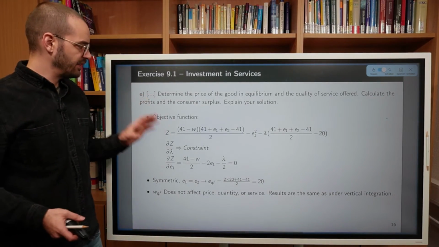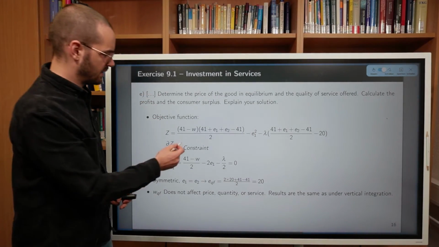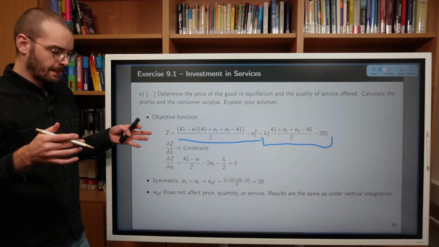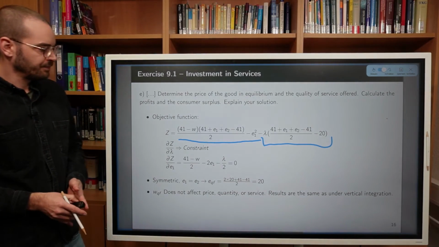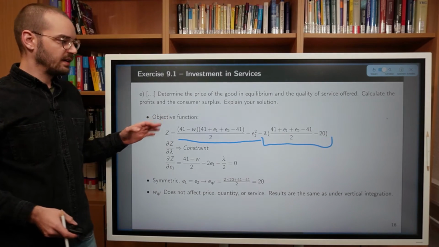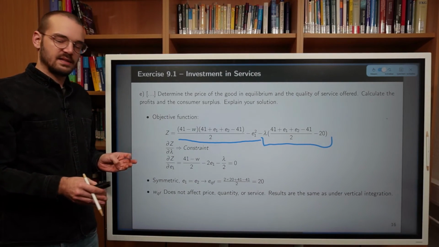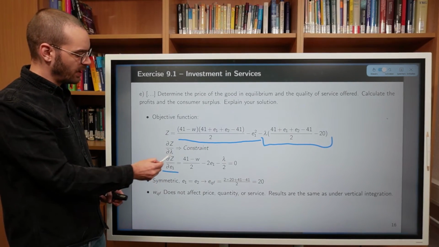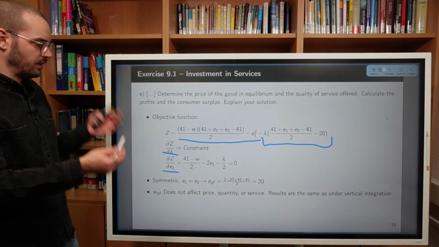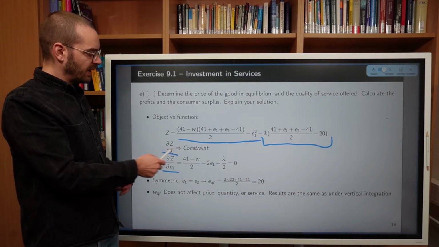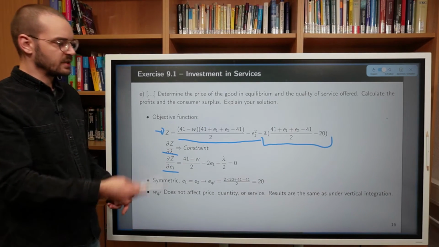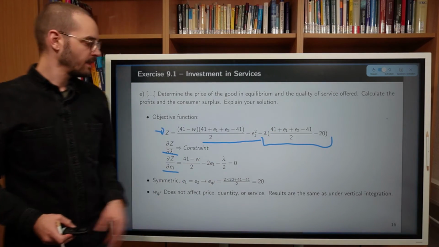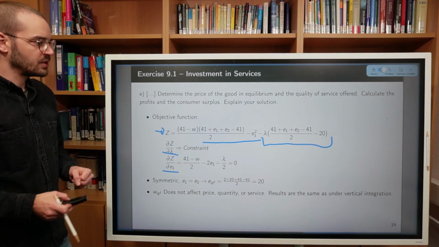So we state the objective function, which is the profit function minus the constraint. Then in the next step we maximize this objective function with respect to the parameter of choice as well as the Lagrangian parameter, where of course the partial derivative of this objective function with respect to the Lagrangian parameter exactly equals our constraint, equals 0 under the first order condition.